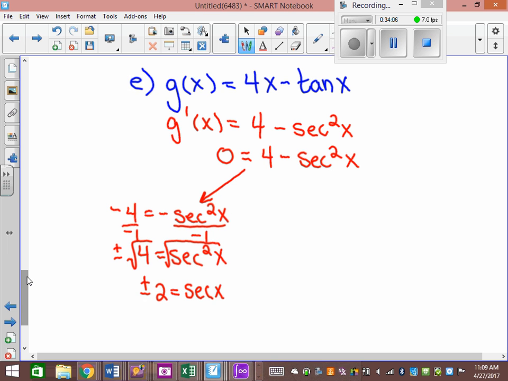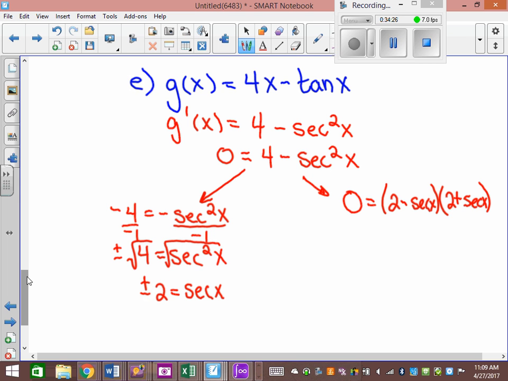The other way that some people do it is they spot that this is a difference of squares. So they're going to put a 2 in the front of each bracket because the square root of 4 is 2. Square root of secant squared x is secant x. Then plus or minus.